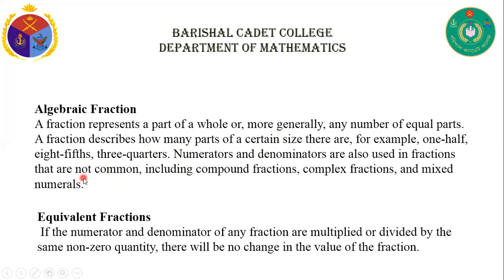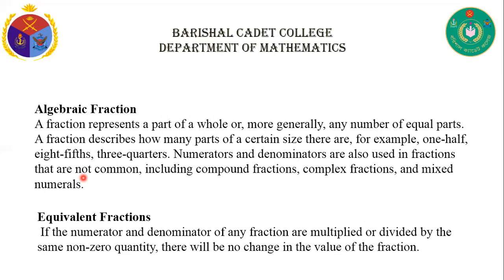What is a numerator and what is a denominator? In a fraction, there are two sides of the line. The upper side is called the numerator and the lower side is called the denominator. That is one half, that is 1 by 2.